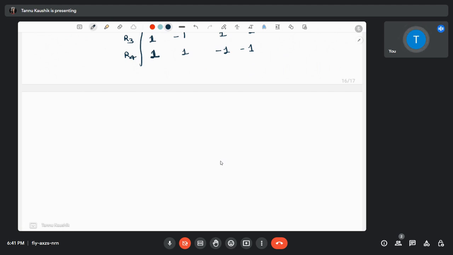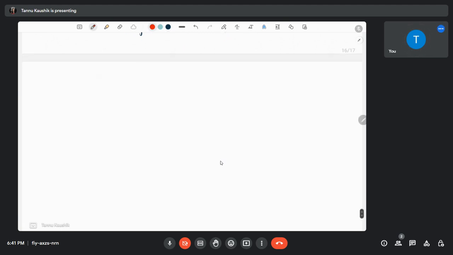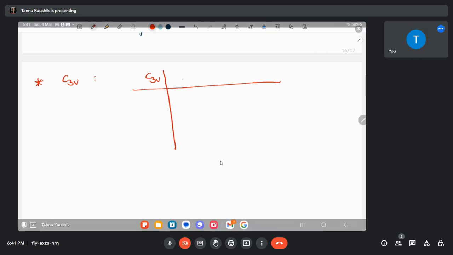So now we will find out the group multiplication table for the C3v point group. Firstly, you find a molecule which has C3v point group. Then you find the symmetry operations in that point group and classify them into different classes.